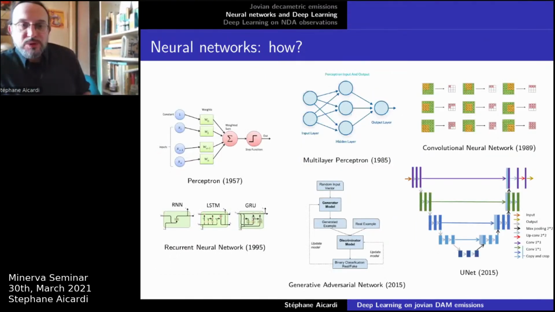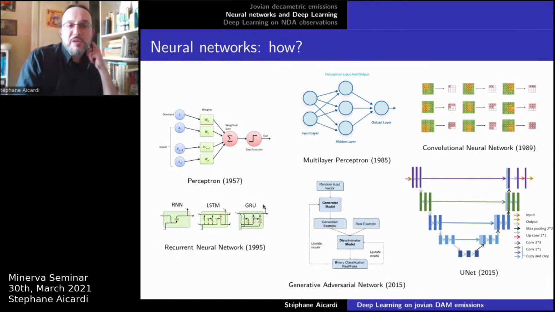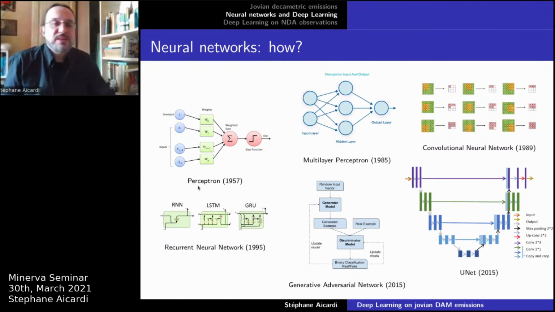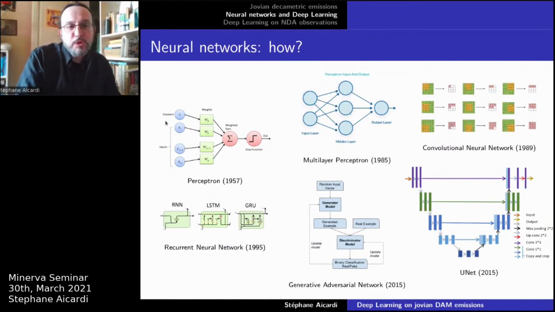How do they work? In the 50s, people built the Perceptron, which was a way to mimic the biological network. We have some inputs. We have weights, which are the parameters that we want to train to obtain our results. We multiply the weights by the inputs and we sum everything.